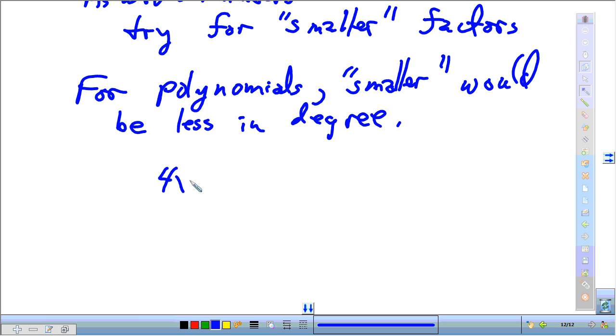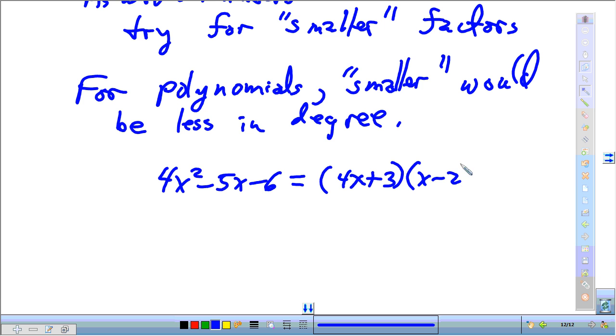If we take 4x squared minus 5x minus 6, it could also be written as a set of factors, 4x plus 3 times x minus 2.